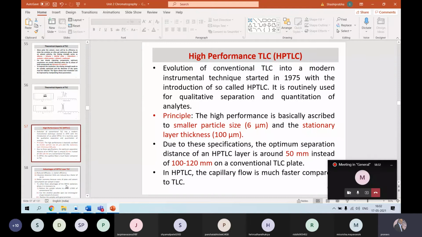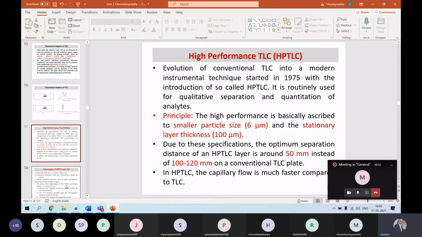Because of these two and some other aspects, you find a drastic change in resolution and in efficiency. Efficiency means you can do more separations in the same distance or the time which you use in TLC. So there is enhanced performance in terms of both resolution and efficiency when you move from TLC to HPTLC.